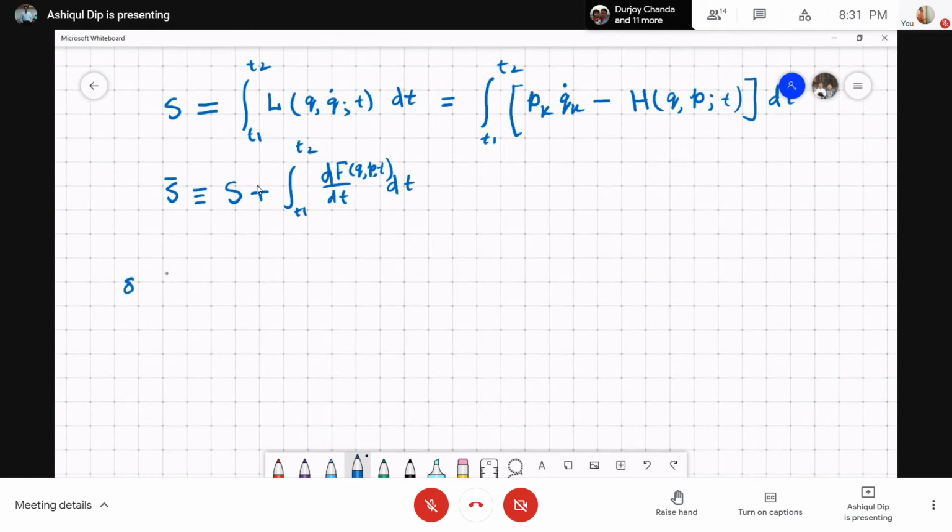Delta S, if we take the variation on S, gives us the variation of the integral from T1 to T2 of pk qk dot minus H as a function of q, p, and t, dt.